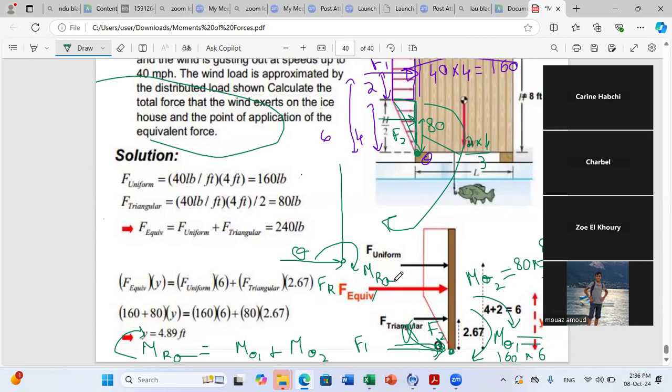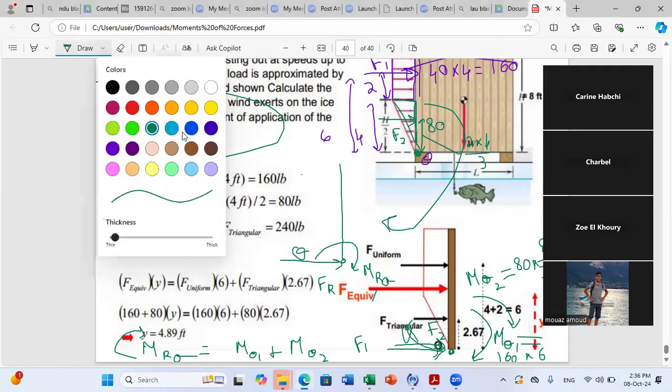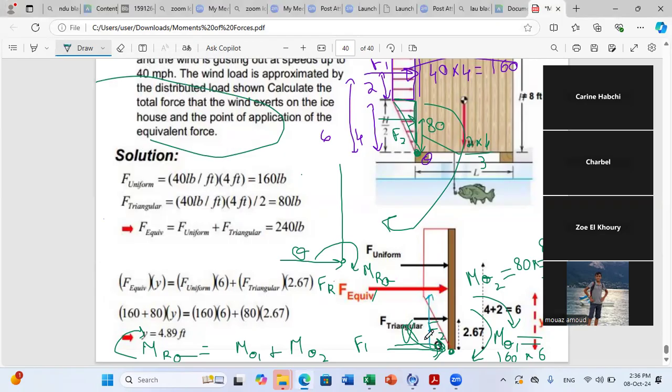Because if I displace FR in a way that it produces by itself this moment about O, I want to change the location of F and find what the location is. I will call it Y. What is the distance Y I should put my force at in order to produce an equivalent moment about O?